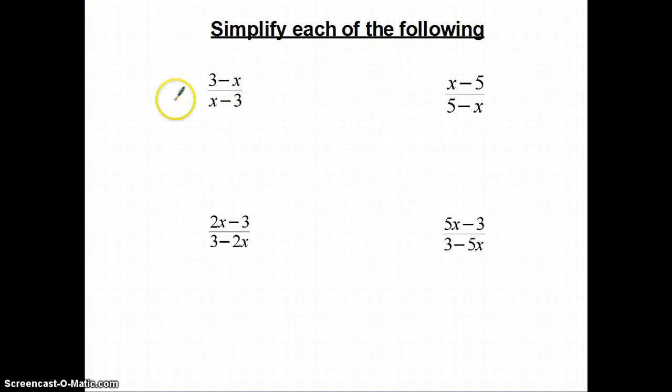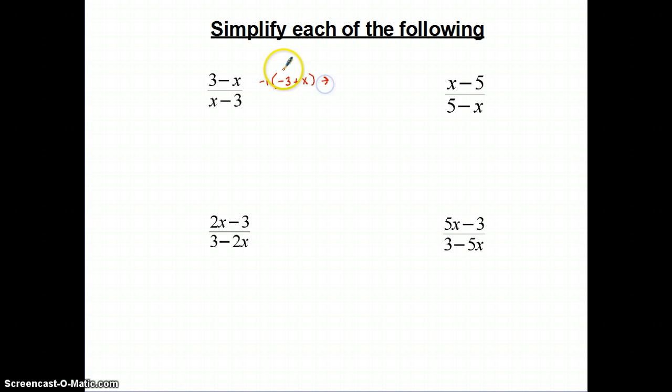Looking at this first example, I see I have a positive 3 with a negative x on top, while on the bottom, my x is positive while my 3 is negative. So my terms have been switched in regards to their signs. Because of this, I'm going to factor out a negative 1, causing my 3 to become negative, but my x to become positive.